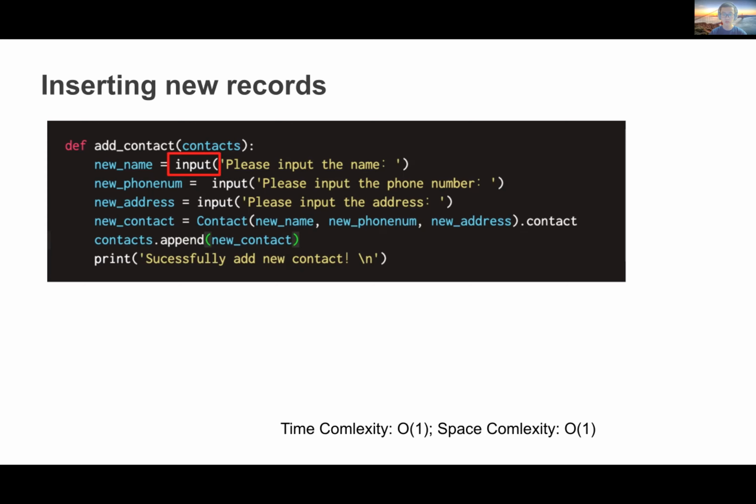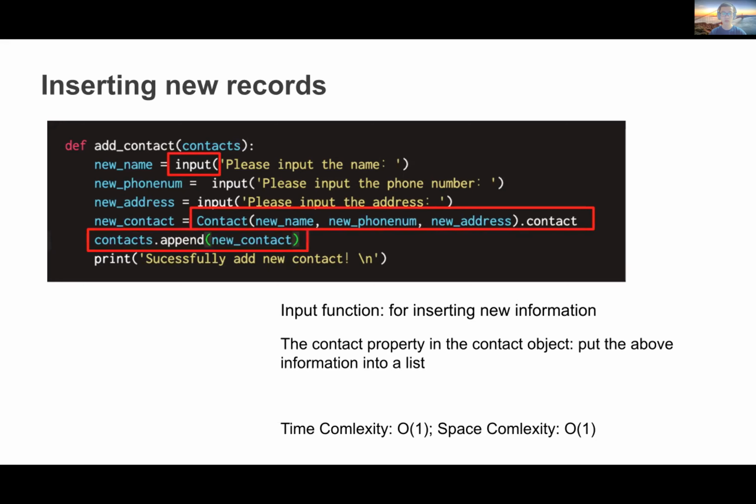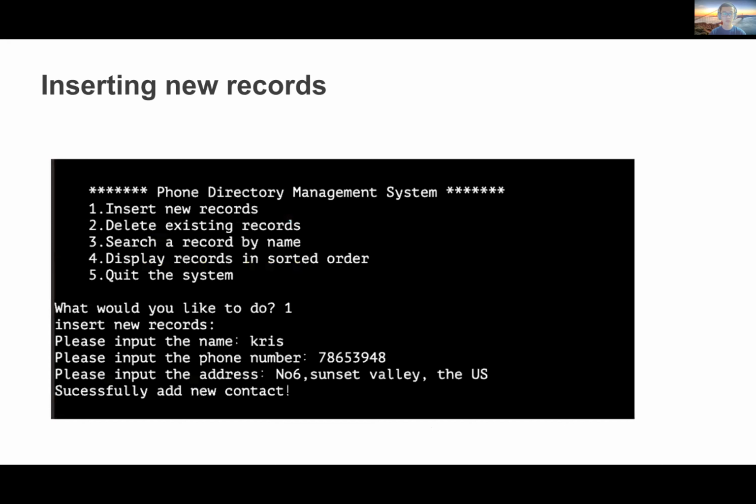And this list should be appended to the whole list, which is named contacts. Finally, we should inform the users that this new contact has been successfully added. In this function, the time complexity and space complexity are both O(1). This is the implementation result of this function.